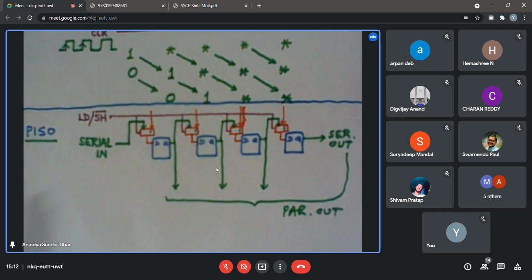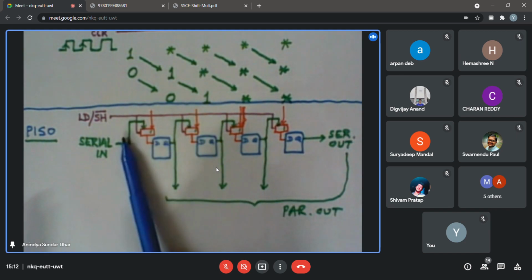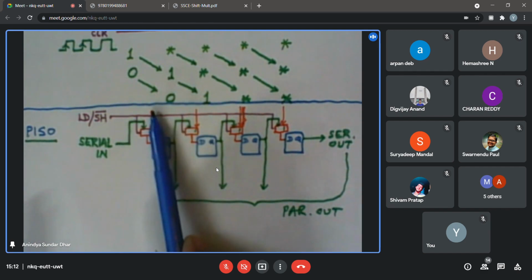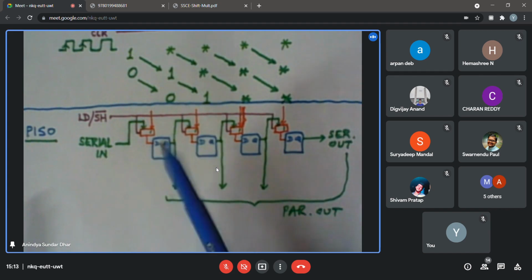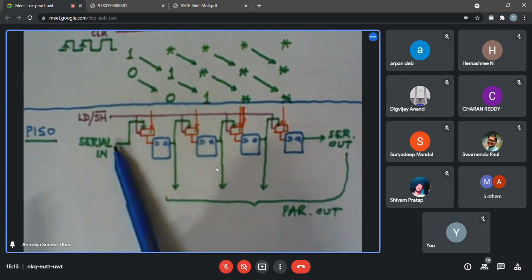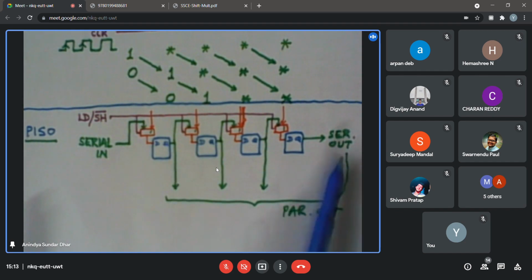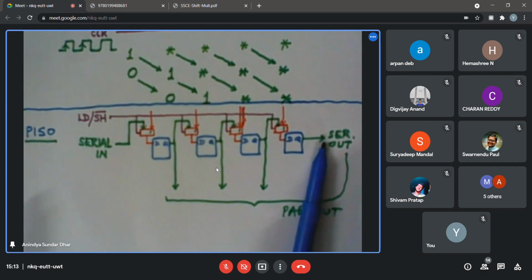But this serial in, typically the source can be different. The source may not be the same as this one. So that is why 5 inputs and 1 loading pin. So 4 for parallel input and 1 for serial input. That takes it to 5. Parallel output and serial output, I think this line can double for that. So there will be 4 output lines only.